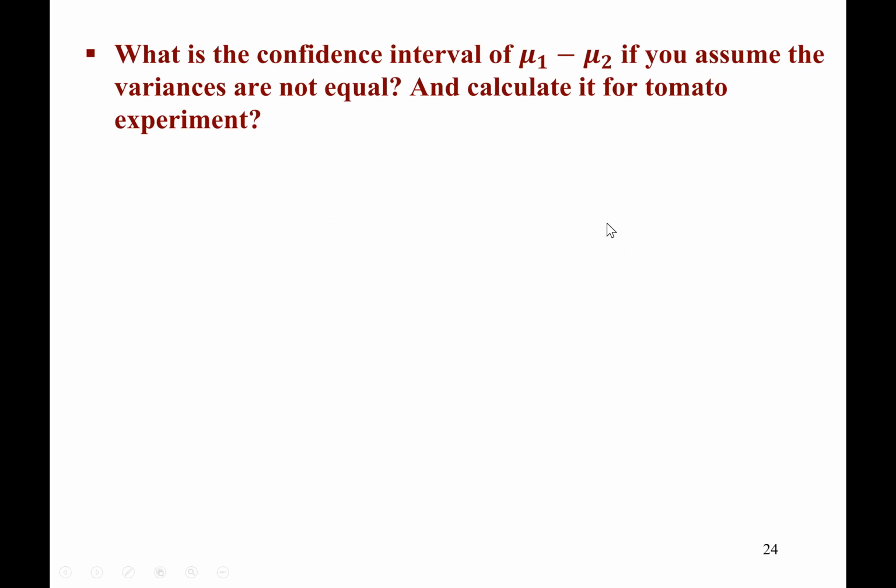Okay. So what if I'm interested in the confidence interval? What is the confidence interval of mu1 minus mu2 if we assume variances are not equal, calculated for the tomato experiment? Let me write down the confidence interval when we assume sigma 1 square doesn't equal sigma 2 square.